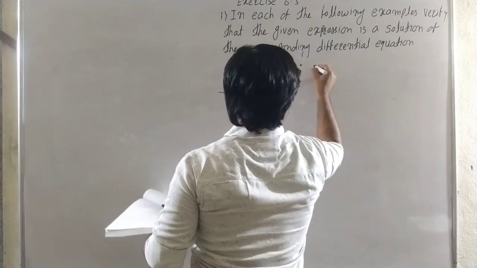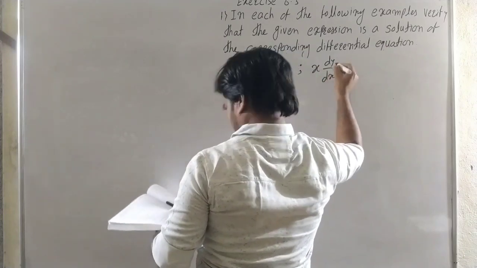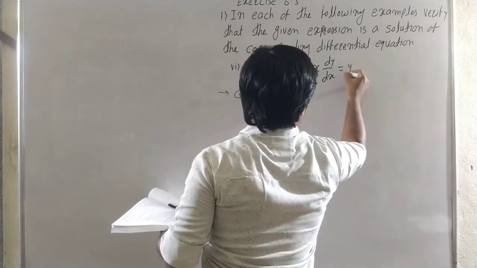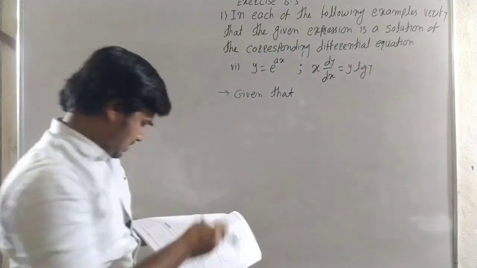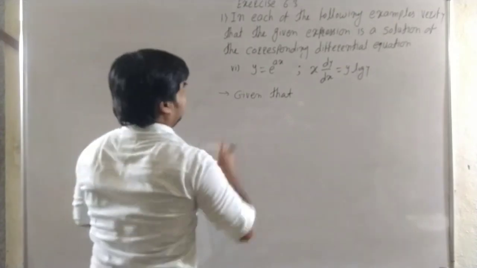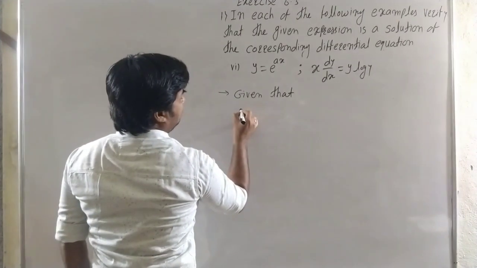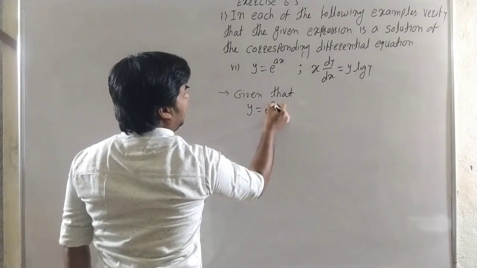The corresponding differential equation is x dy by dx is equal to y log y. Now here the given equation is y is equal to e to the power ax.